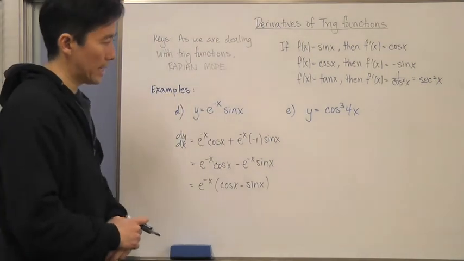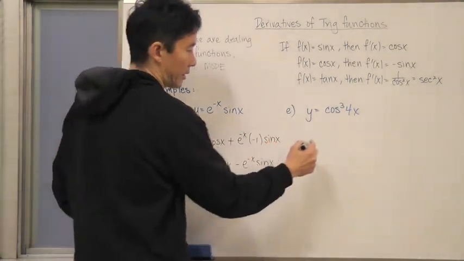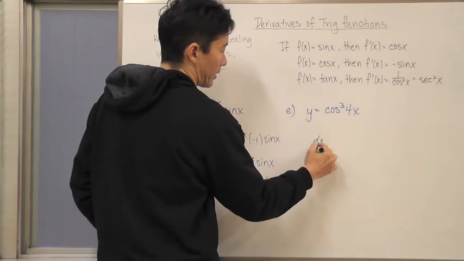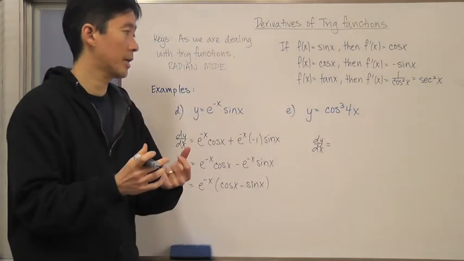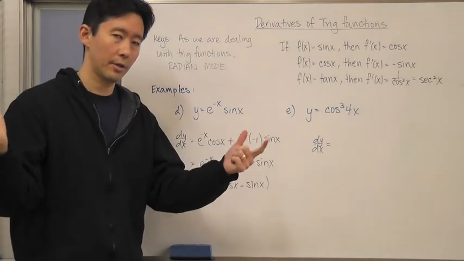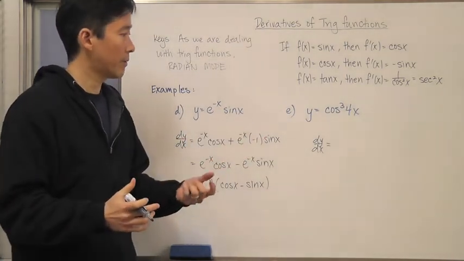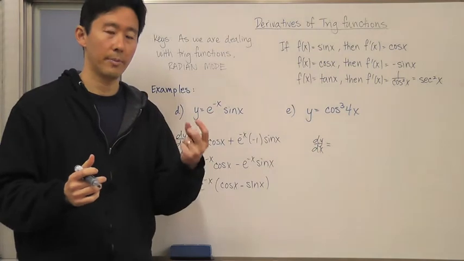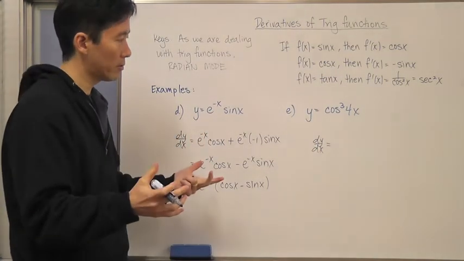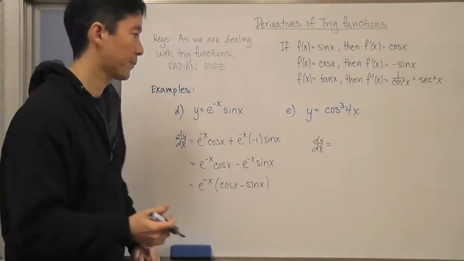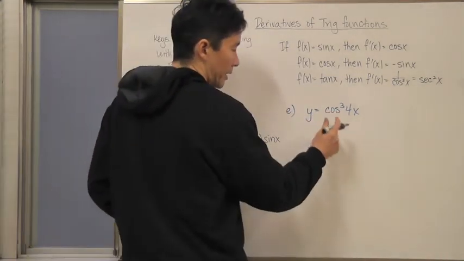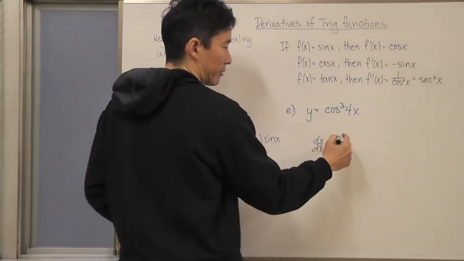So let's take a look at the last one. This last one is going to be dy/dx. Now hopefully you can see that this is the same thing as the cosine of 4x raised to the third power, which means that we actually have the chain rule applied twice because we have the power rule plus we also have the cosine of 4x. So what we can do then is, this is the power rule first.